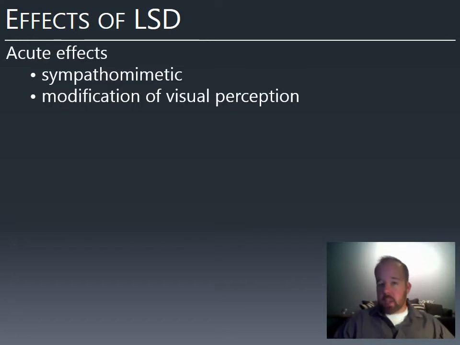It's not creating something out of nothing. In schizophrenia, patients often suffer auditory hallucinations. They hear voices that aren't there. Here, visual perception is really modified. You're not seeing something that isn't there, but it'll become more colorful or it'll seem like it's moving. So it's more a modification of visual perception.